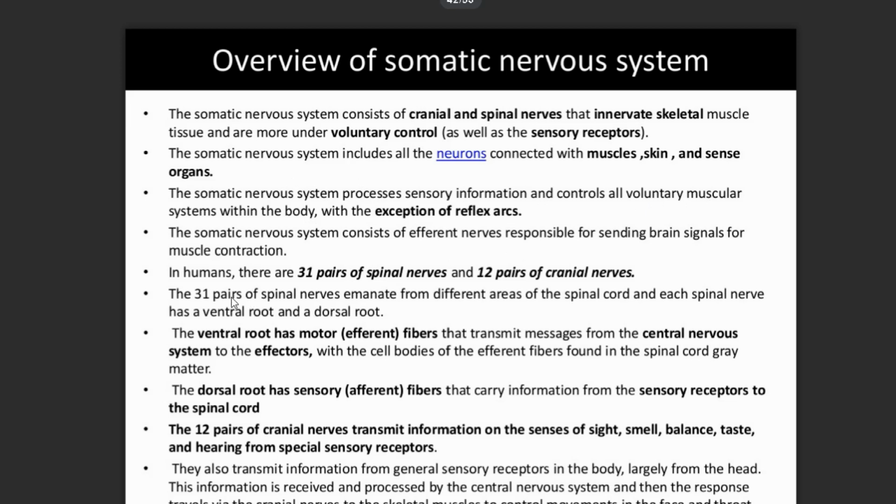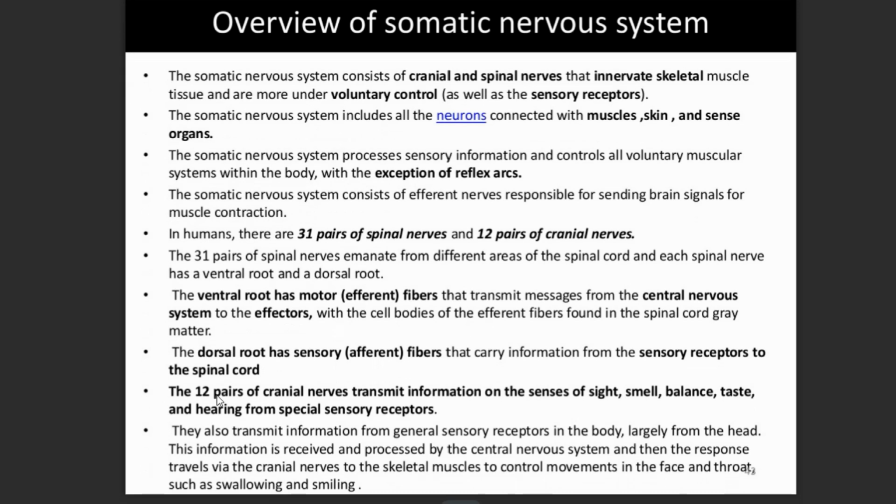So the 31 pairs of spinal nerves arise from different areas of the spinal cord, and each spinal nerve has a ventral root and a dorsal root. The ventral root is motor in function, meaning it has motor or efferent fibers, whereas the dorsal root has sensory or afferent fibers.